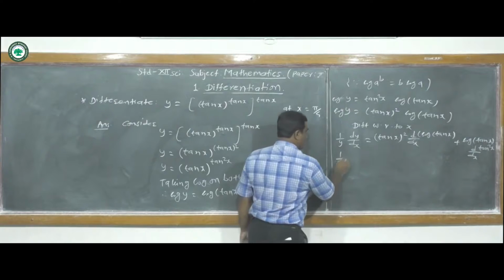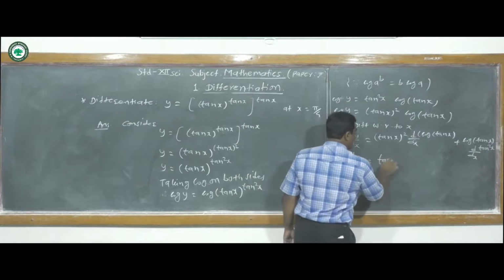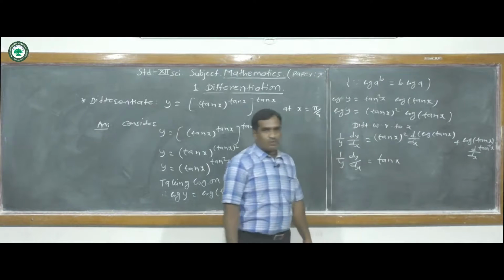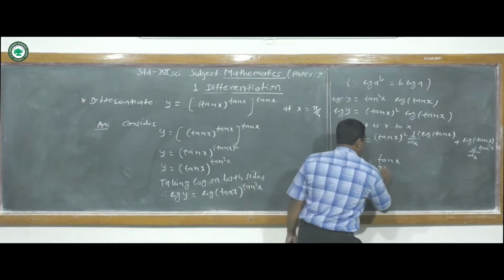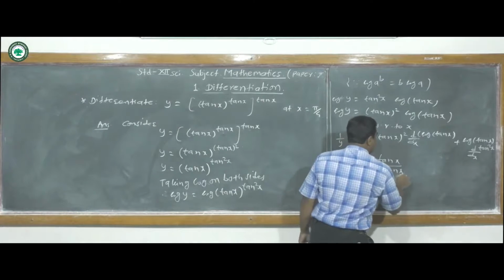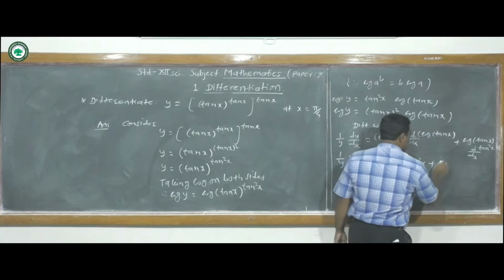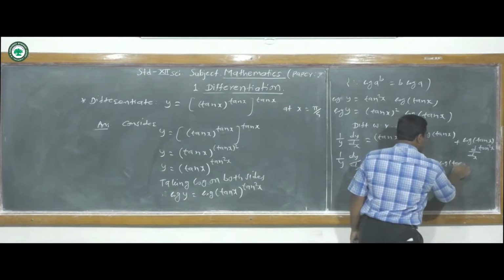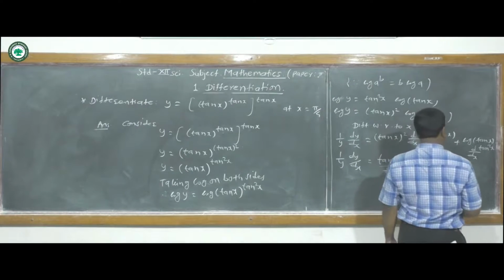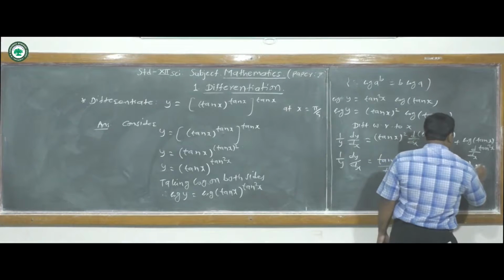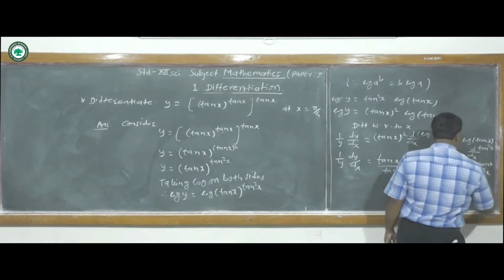That is, 1 upon y into dy by dx equal to tan square x as it is, derivative of log of tan x is, by using the composite rule, 1 upon tan x into derivative of tan x, which is sec square x, plus log of tan x as it is into derivative of tan square x, that is (tan x) raised to 2, which is 2 tan x into sec square x.